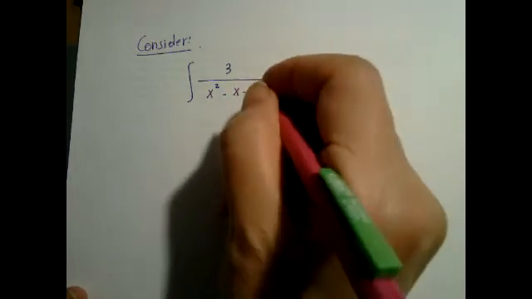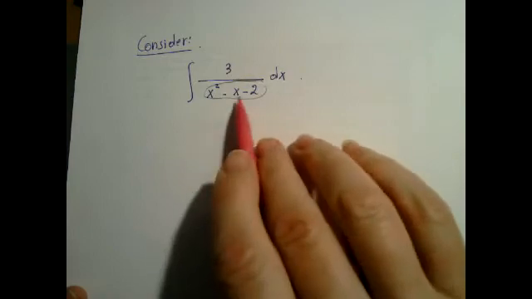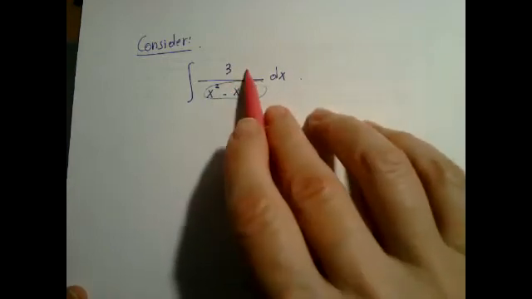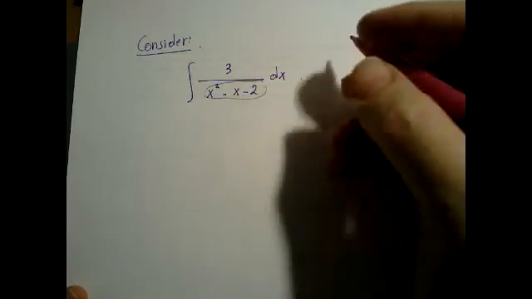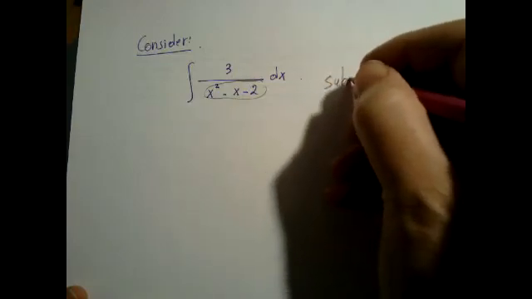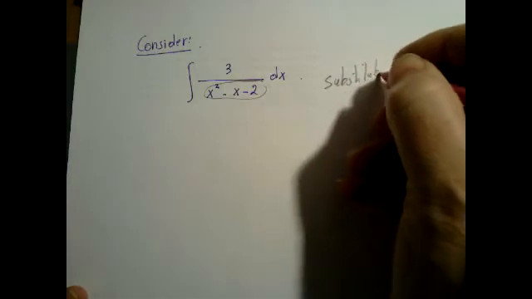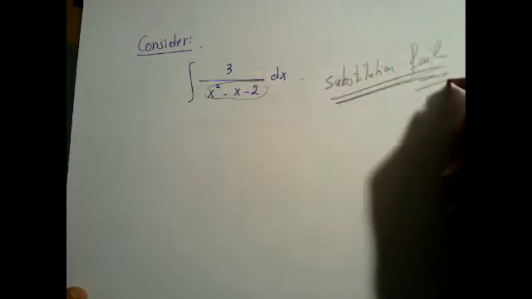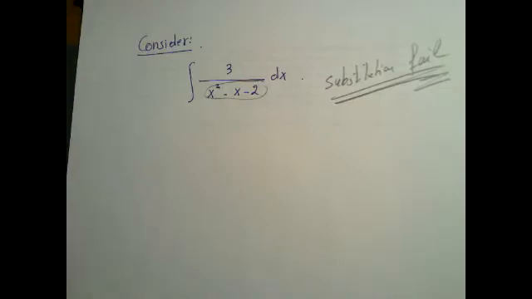If I set u to be the denominator, x squared minus x, then du is 2x minus 1. Definitely, I don't have it. So here, substitution absolutely fails. Well, there is no way I can do it. So how are we going to find the antiderivative?